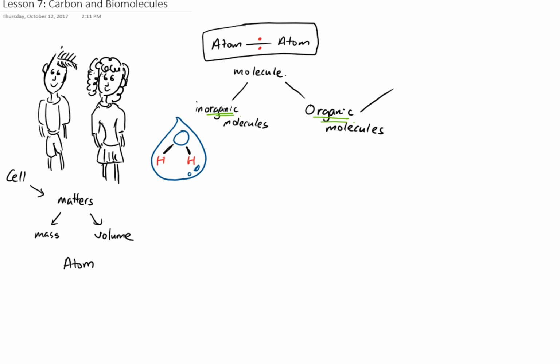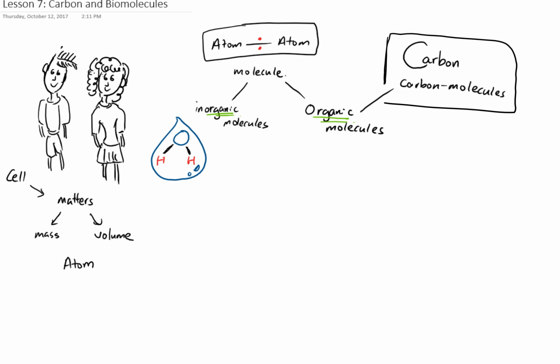And that particular element is carbon, C-A-R-B-O-N. So a carbon-based molecule, meaning molecules that are made using carbon, is usually an organic molecule. We will talk about exceptions, but typically this is the pattern. Carbon-based molecules make up all the organic molecules.